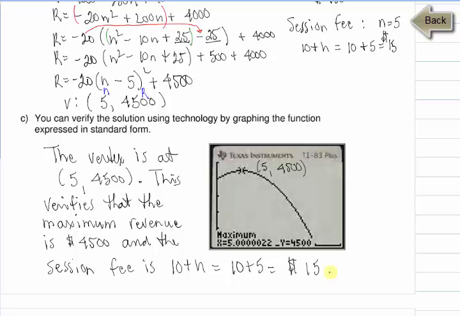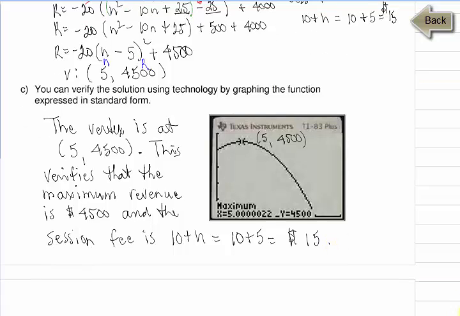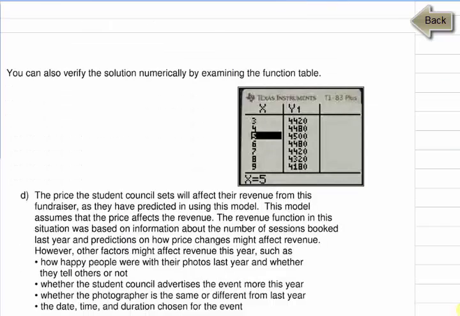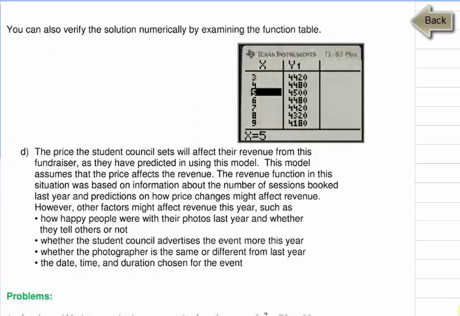So the last thing that you've been asked to do is, we can also verify one other way. We can also verify by setting up a table of values in your calculator. If you take a look at our x values, they're going up. We've got 3, 4, 5, 6, 7, 8, and 9.